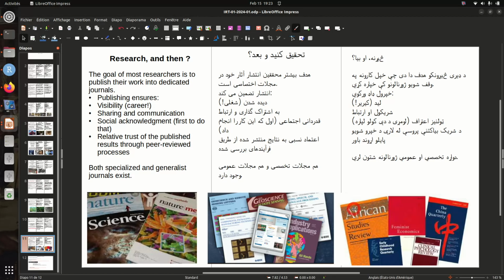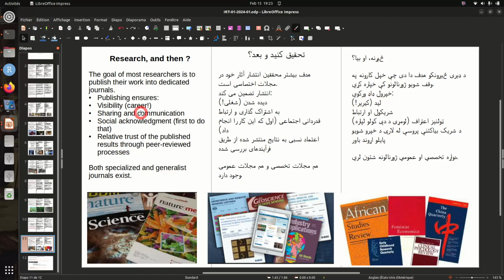And the reason why they do that is for different reasons. For instance, visibility. You want to publish to make sure that people know that you are the one who did that. So this is the social and political aspect of science.